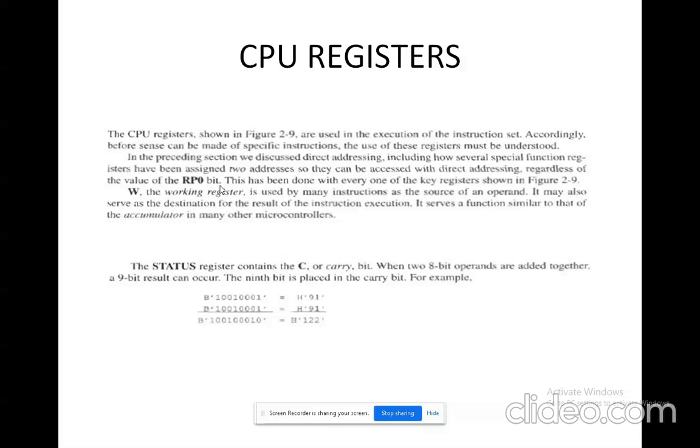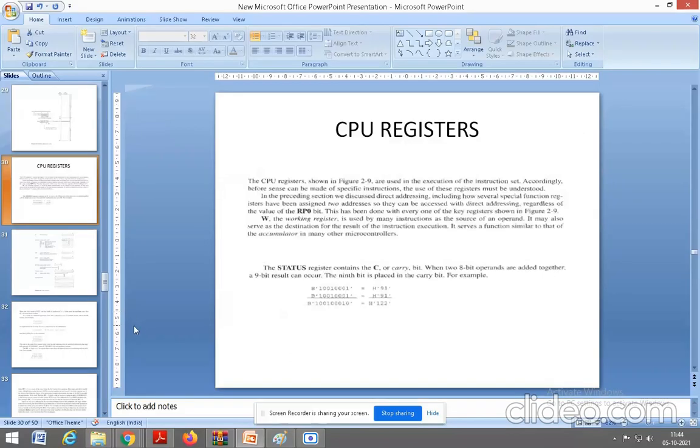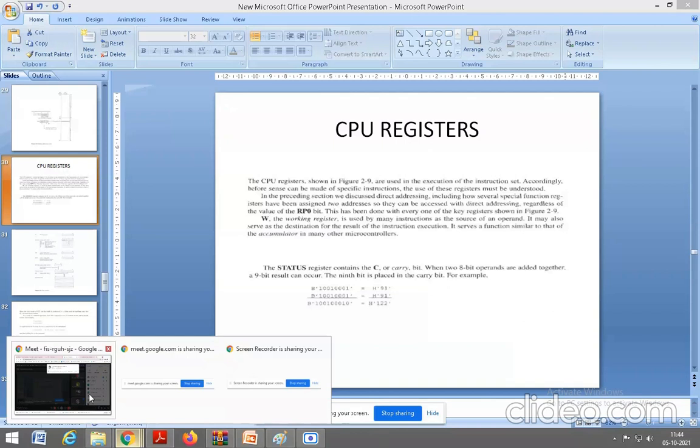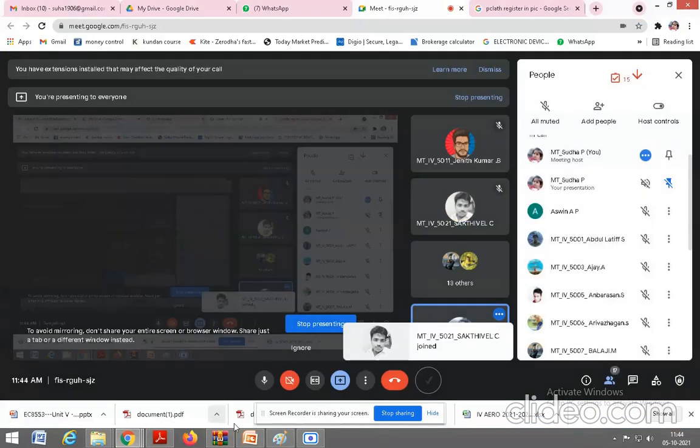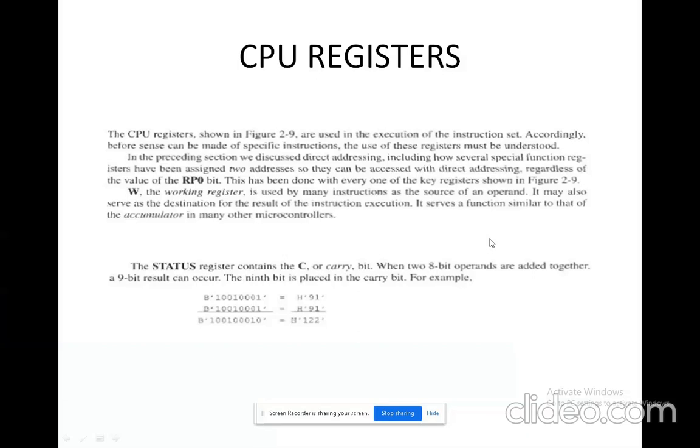It may also serve as the destination for the result of the instruction execution. That means the same register will be used for storing the result also. The accumulator also is used for saving the result of arithmetic and logical operations.